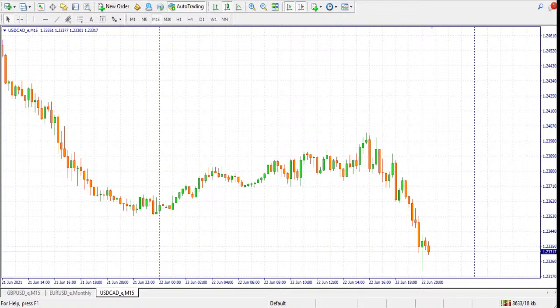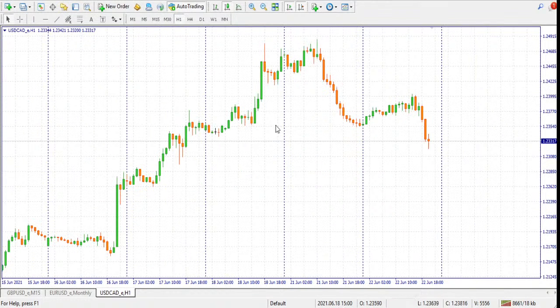Whether it's the MACD, the moving average, the ADX, whatever you call it, most of them, including the custom indicators, are built on price action. A few are built independent of price action, but most of them are based on it.